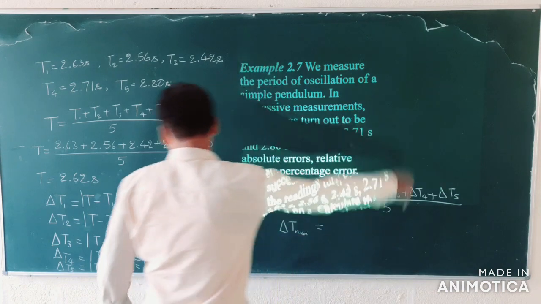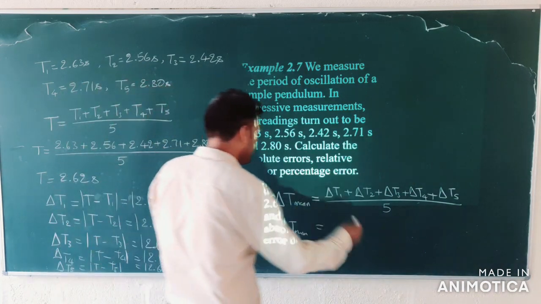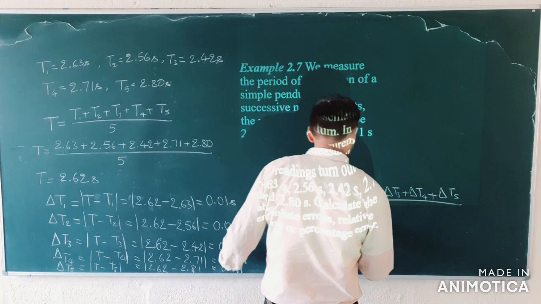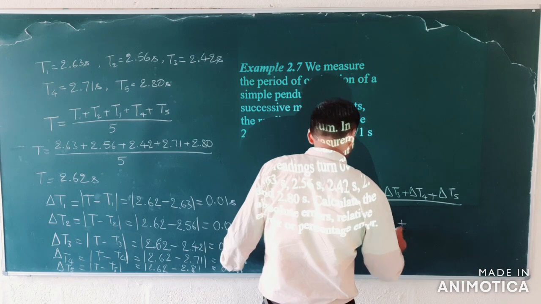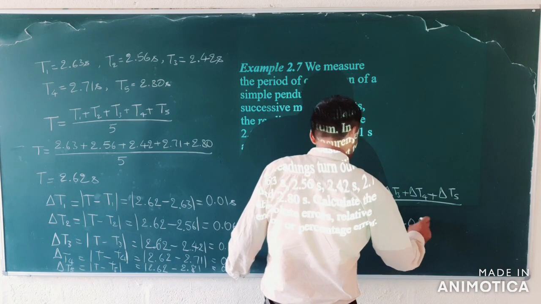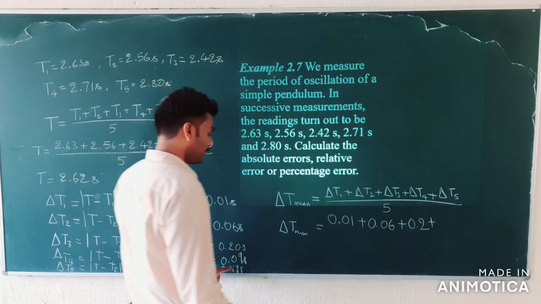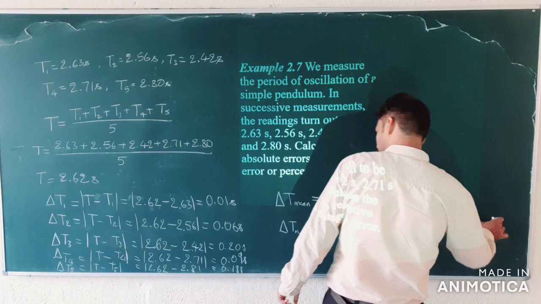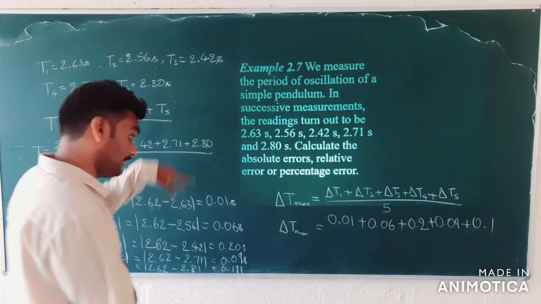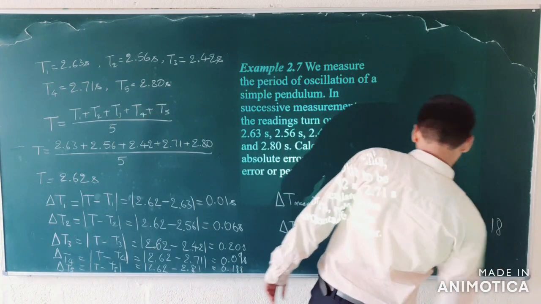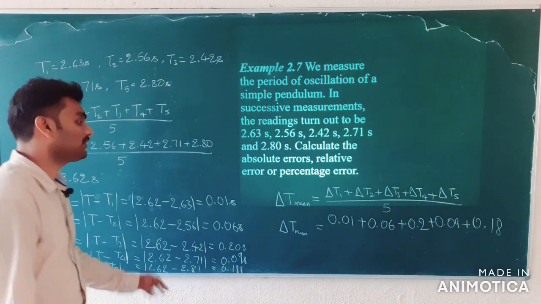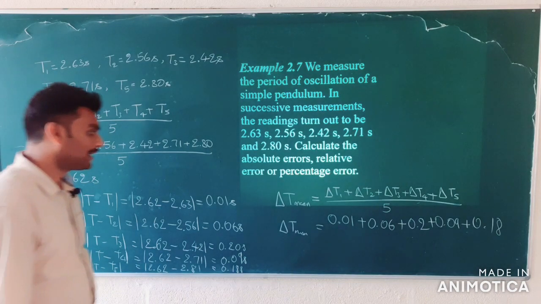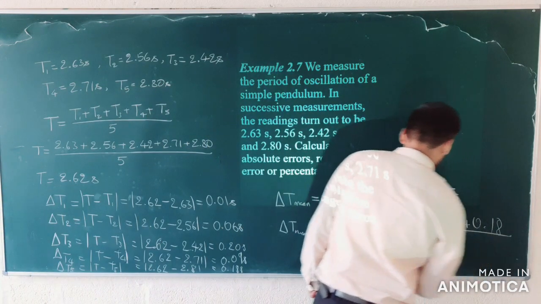If we take the mean of all those, we will get the mean absolute error, which is 0.01 plus 0.06 plus 0.2 plus 0.09 plus 0.18, whole divided by 5.